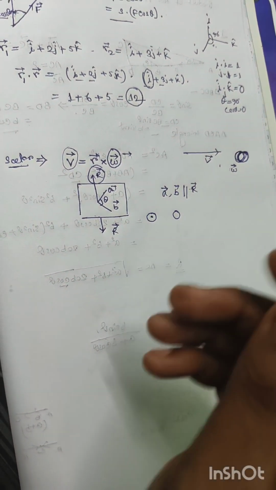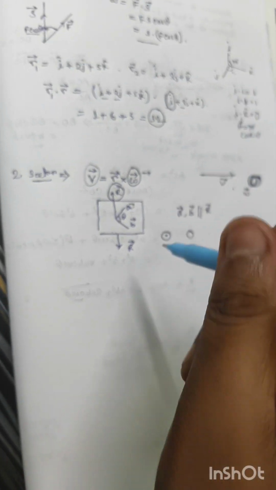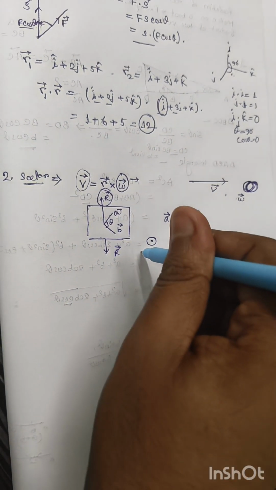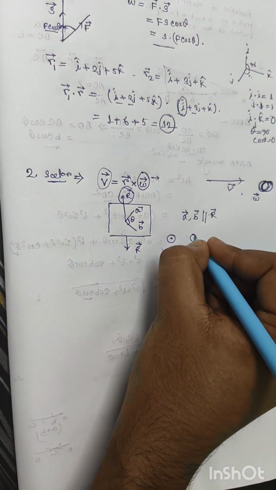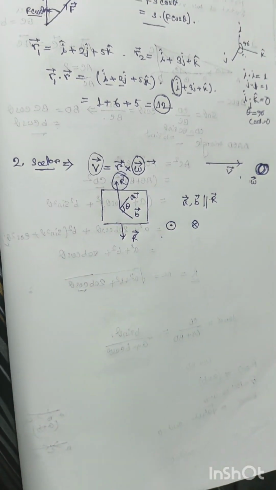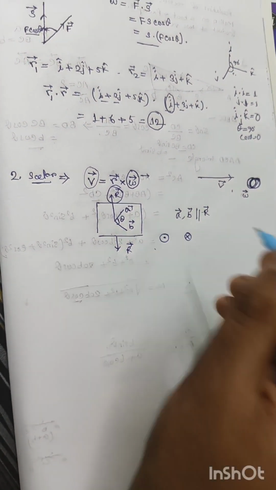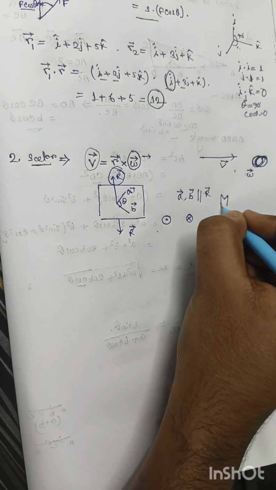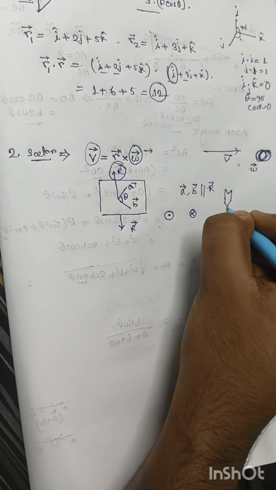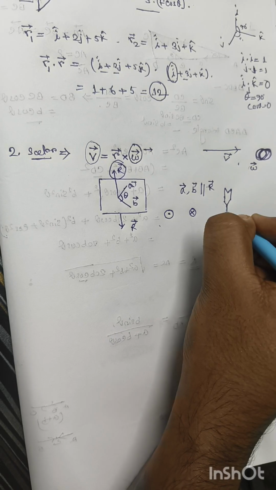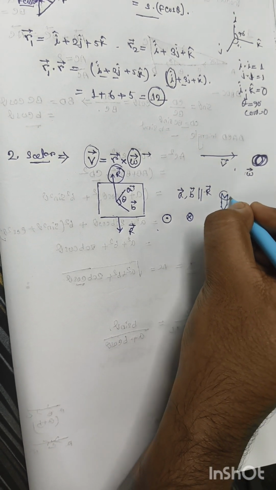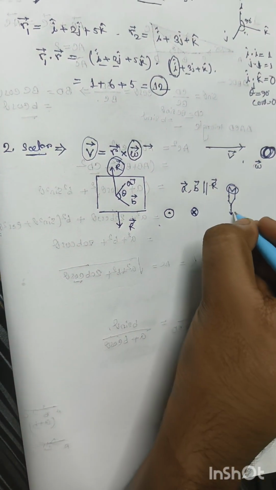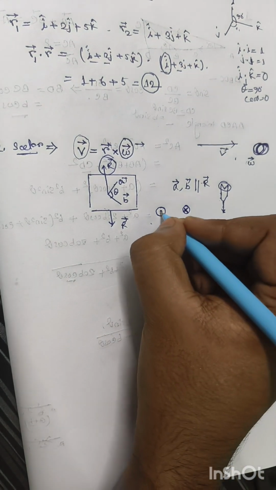If the vector goes inside the page, then how can we show this? Suppose an arrow: seen from one side it looks like this, but seen from the other side, we see this.